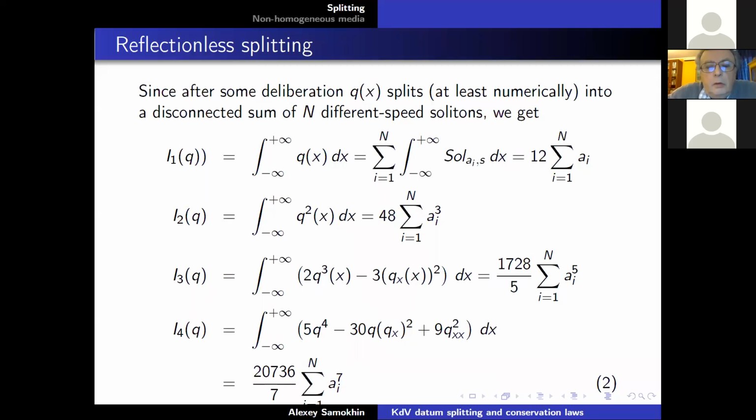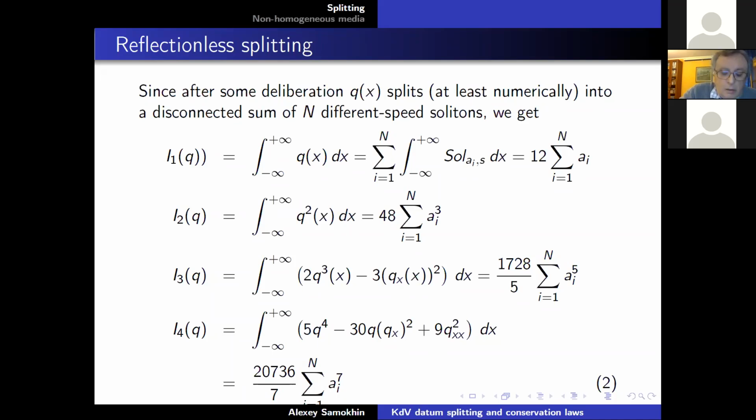First, we look at the reflectionless splitting. It is the case when there is no reflected radiation wave. After some deliberation, in this case, the initial data splits into a number of disconnected solitons, which have different speeds.